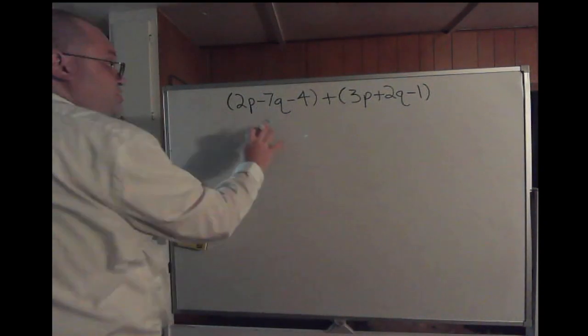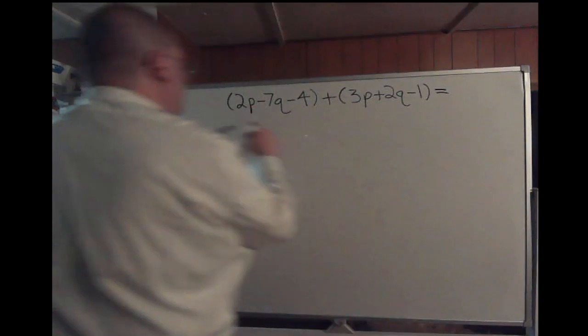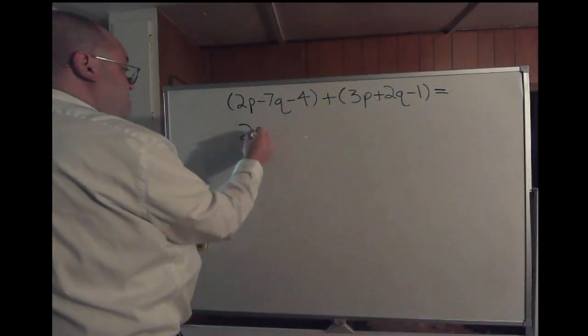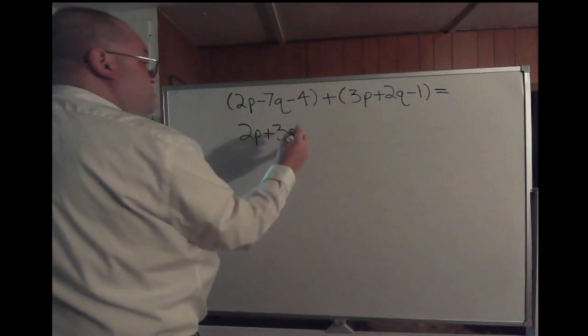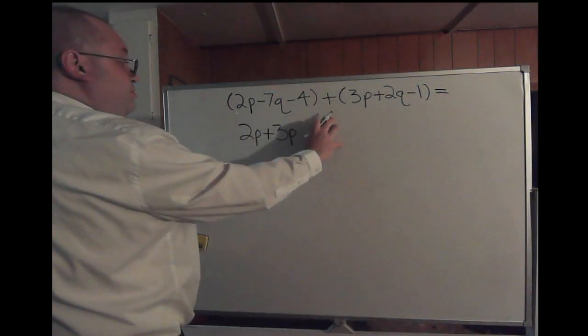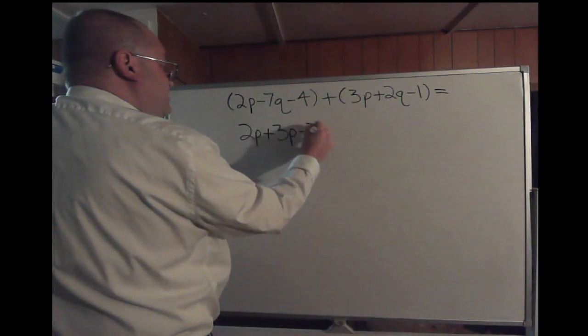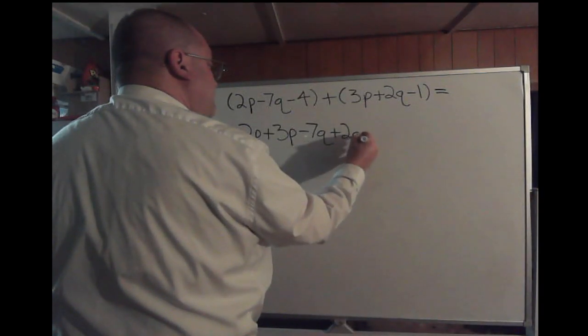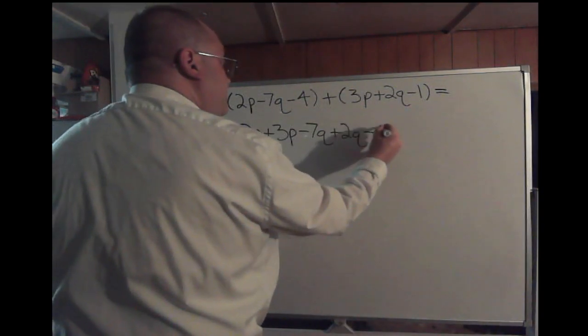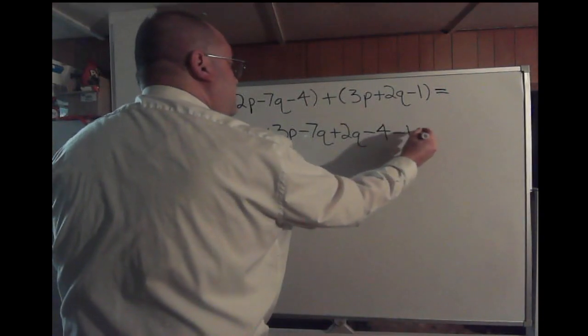So again, start with grouping your like terms together. You have 2p plus 3p. So you've dealt with your p's. There's no more p terms. Now you have minus 7q plus 2q. Then you have minus 4 minus 1.